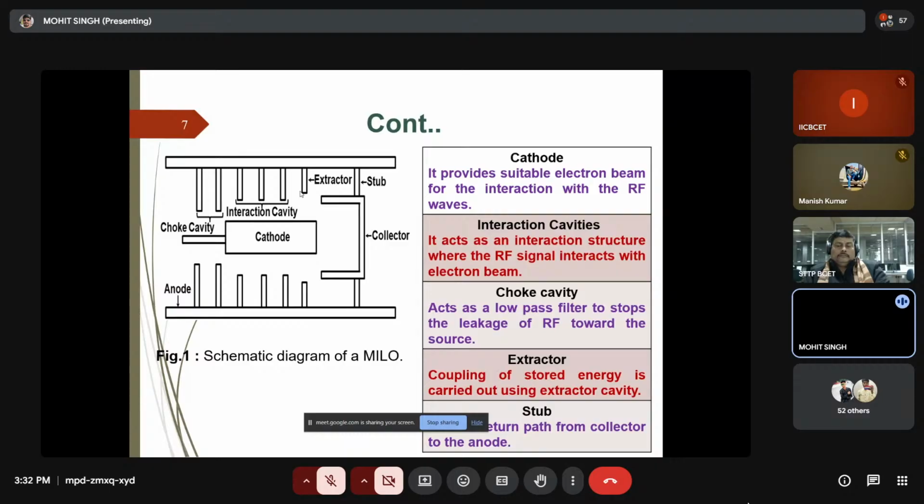For that reason, the period plays a vital role in the synchronization of the drift velocity of the electron beam and the phase velocity of the RF wave. In the upcoming slide, I will discuss the formulas to calculate that.